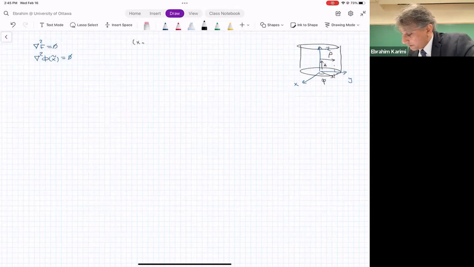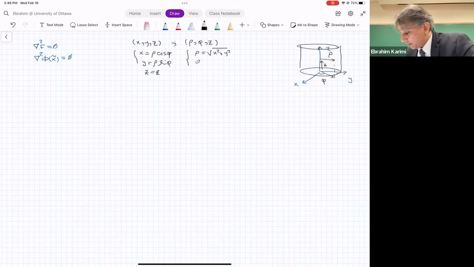So instead of x, y, and z, I now have rho, phi, and z. There is a link between the two, which you know very well. z is the same, x is given by rho cosine phi, and y is given by rho sine phi. Otherwise, rho is the square root of x squared plus y squared, phi is arctan of y divided by x, and z is equal to z.